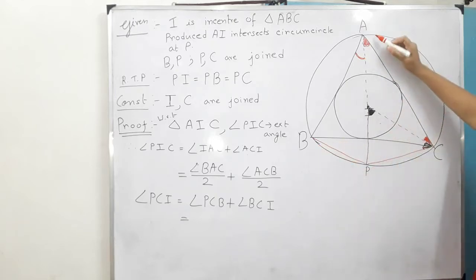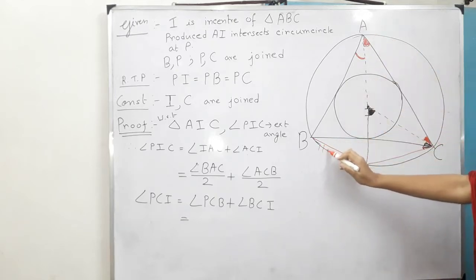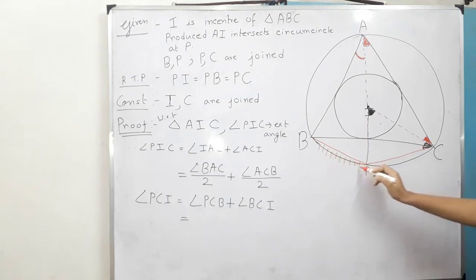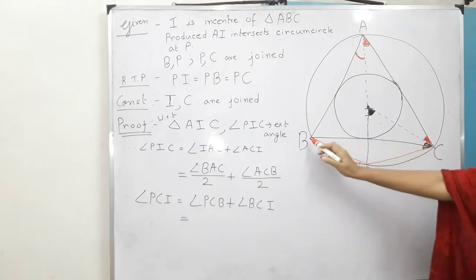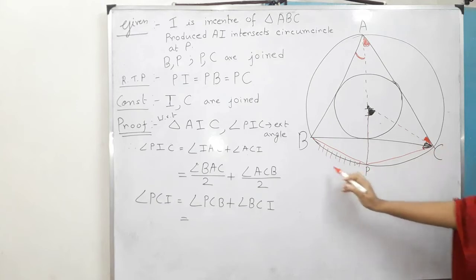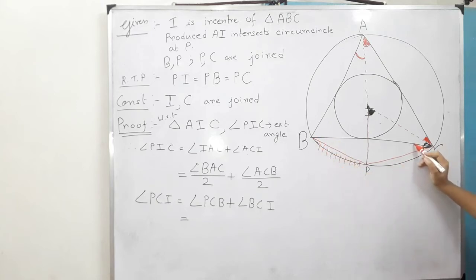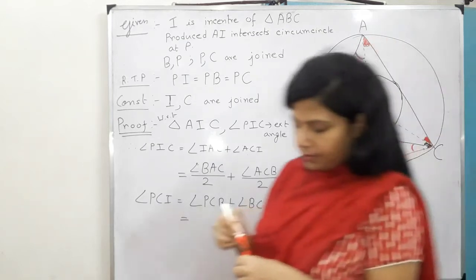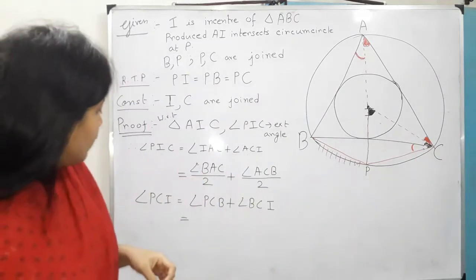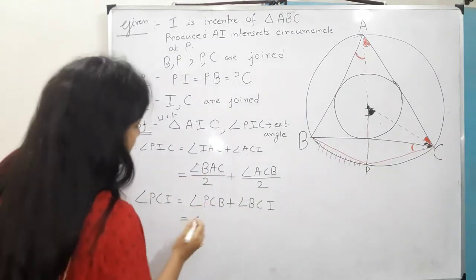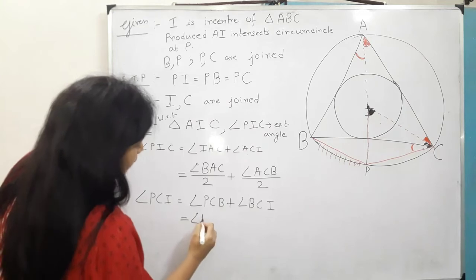So PAB lying on the arc PB, PCB also lying on the arc PB. So both of them are equal. If you can understand this one, try to understand. Okay, these two angles are equal. So if I write here, angle PCB means angle BAP.